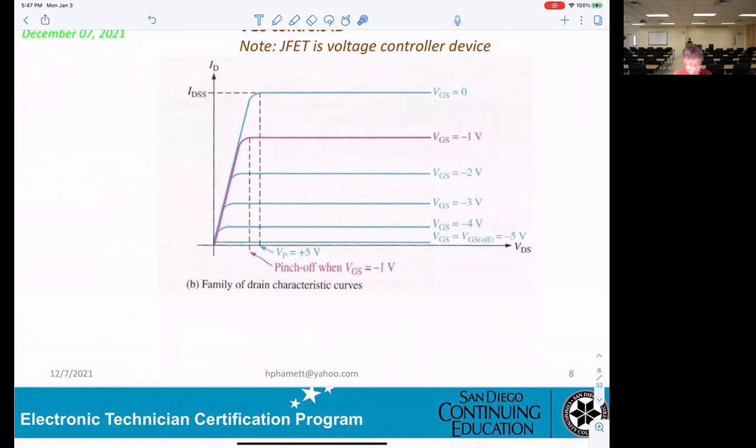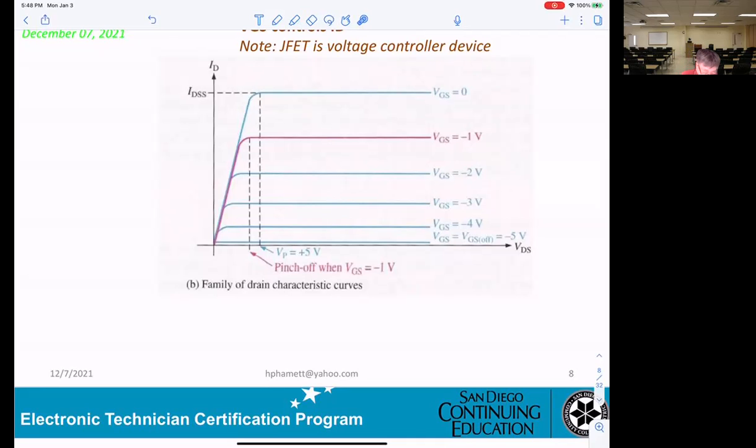Okay, now if you're looking at this display, this is for ID, this is for VDS, and this is for VGS. This VGS equals minus 4. This VGS equals minus 3, minus 2, minus 1, and 0.